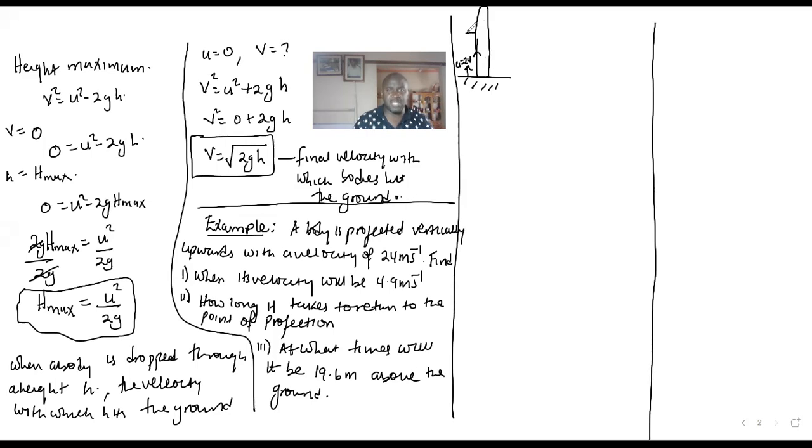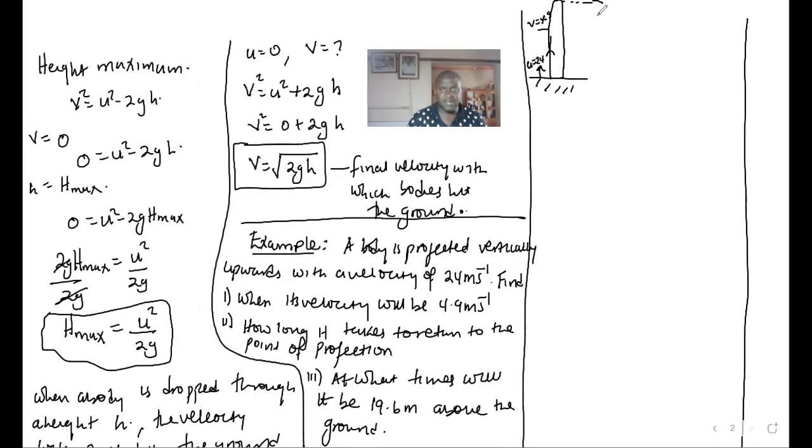But when the body goes up, because it's going against gravity, the velocity goes on reducing until it reaches the maximum height, where the velocity is 0. So they're asking, how long does it take to reach the level where the velocity is 4.9?